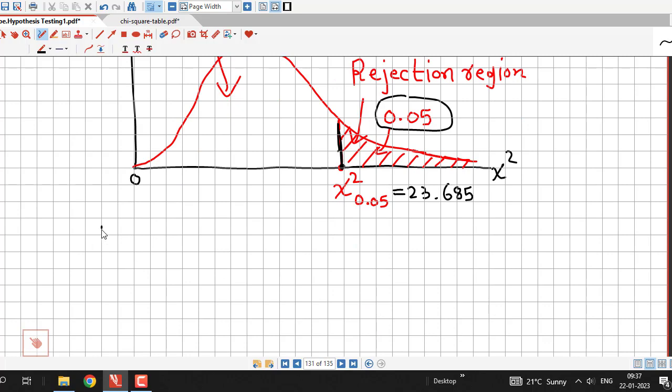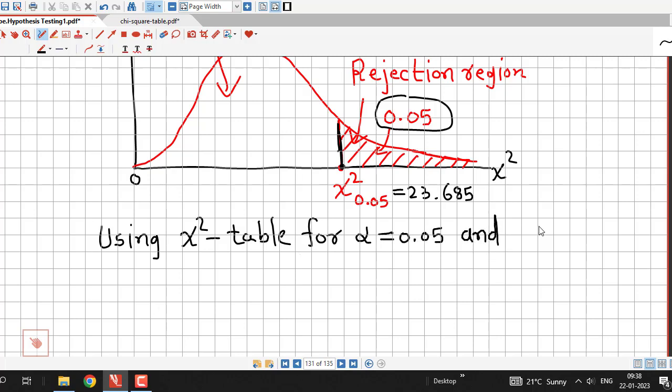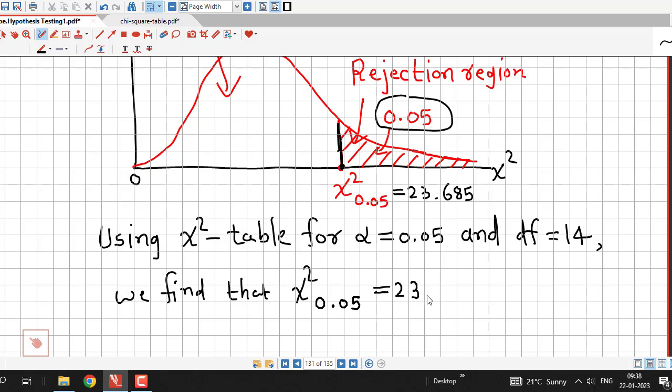So here we can mention that using chi-square table for alpha equal to 0.05 and degrees of freedom equal to 14, we find that critical value is chi-square 0.05 equal to 23.685.